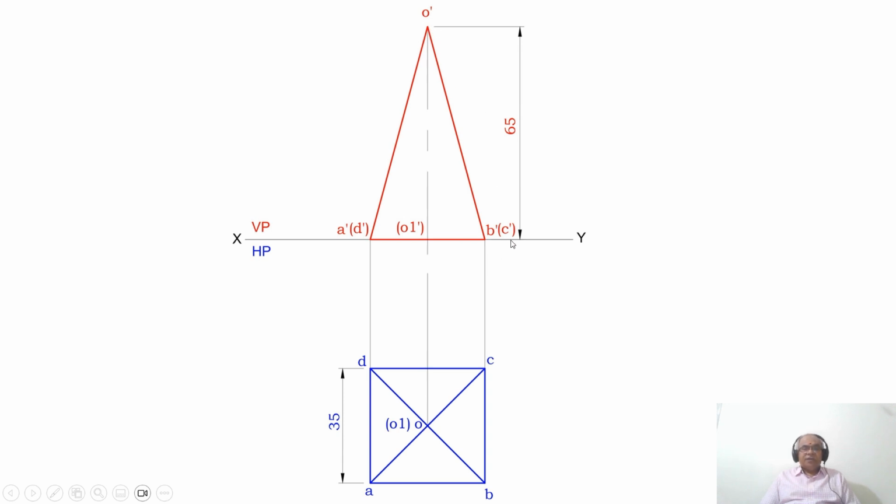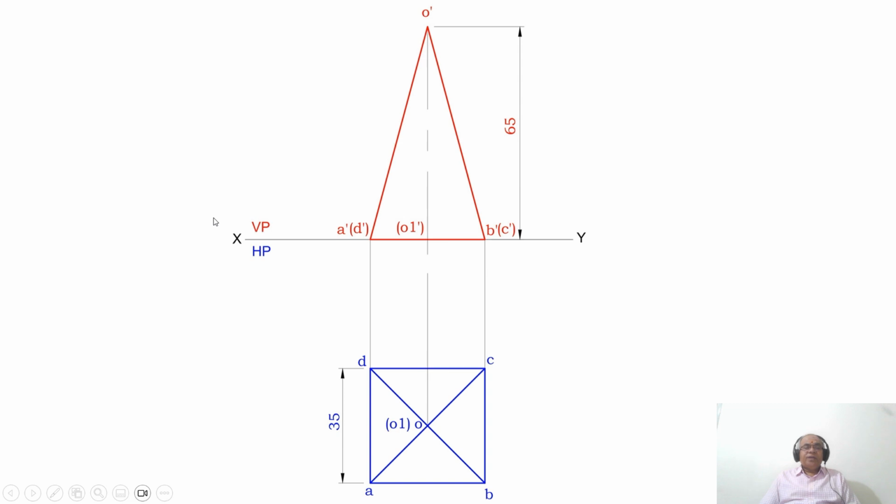Since O dash C dash and O dash D dash become invisible, the priority should always be given to the visible edges. Therefore, we have drawn O dash A dash and O dash B dash with a dark line. The remaining O dash C dash and O dash D dash are invisible, but they coincide with O dash A dash and O dash B dash. Therefore, they are not shown.